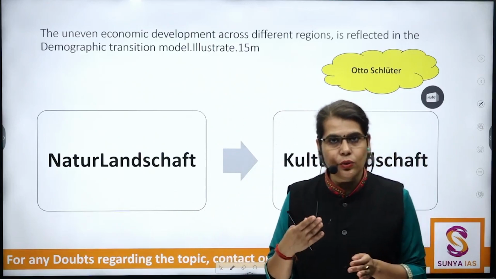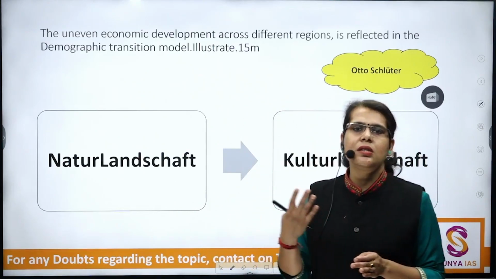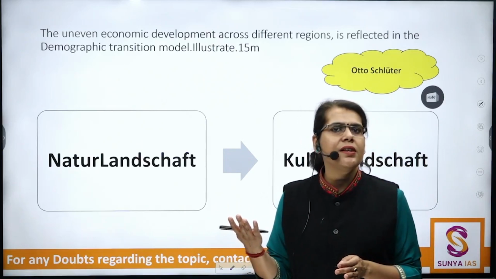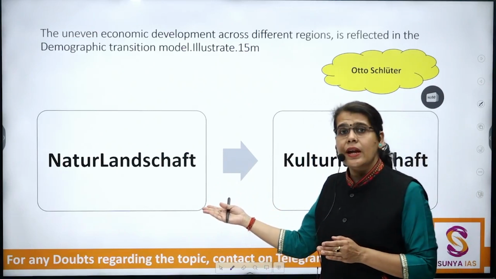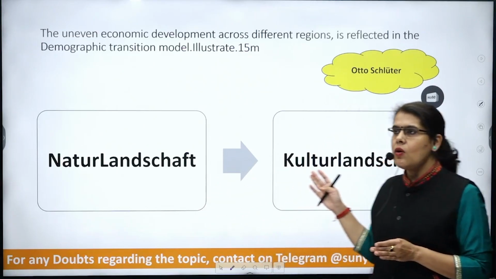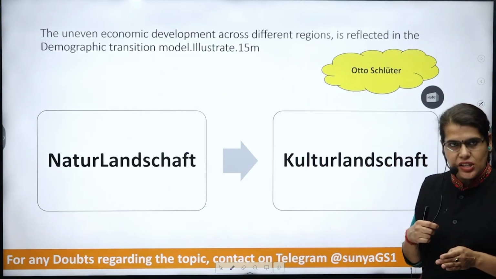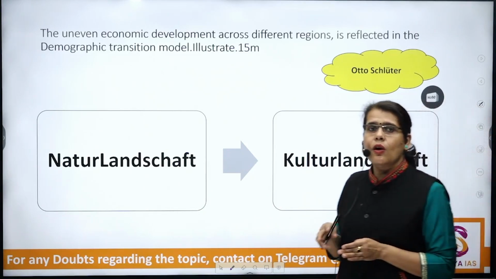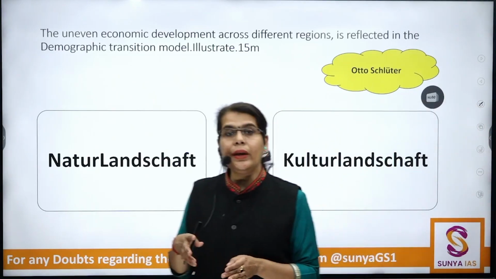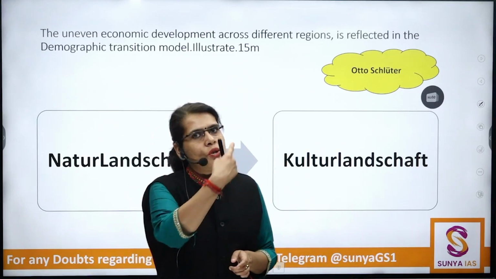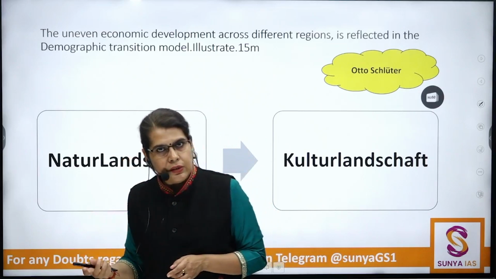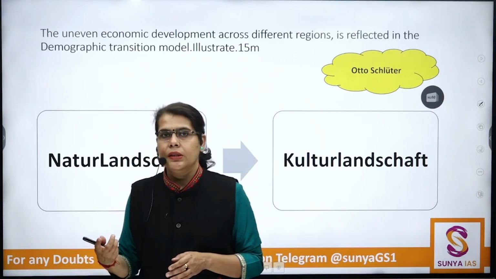In that scenario, whenever there are modifications in the settlement of that region, can I say that the natural landscape is now turned into a cultural landscape, the idea of Otto Schlüter, and hence you can say that yes, socio-economic transitions are very well reflected in the DTM model.